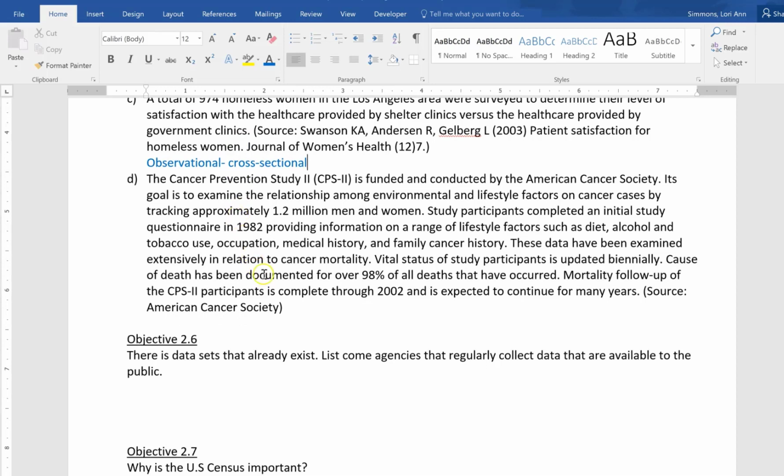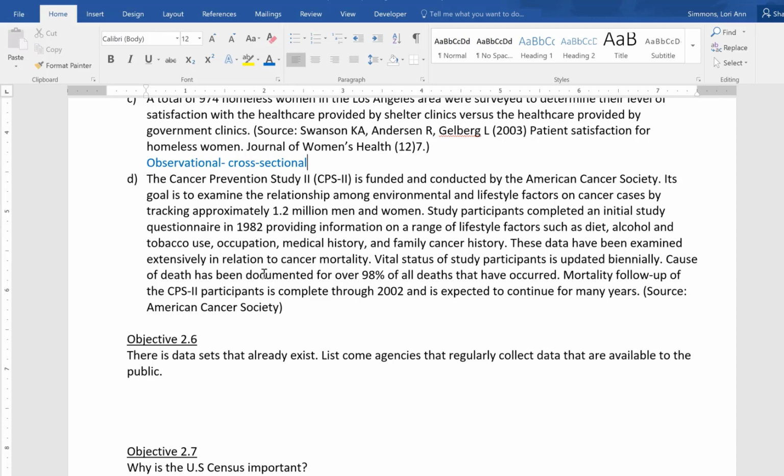And D. The Cancer Prevention Study 2 is funded and conducted by the American Cancer Society. Its goal is to examine the relationship among environmental and lifestyle factors on cancer cases by tracking approximately 1.2 million men and women. Study participants completed an initial study questionnaire in 1982, providing information on a range of lifestyle factors such as diet, alcohol, tobacco use, occupation, medical history, and family cancer history.